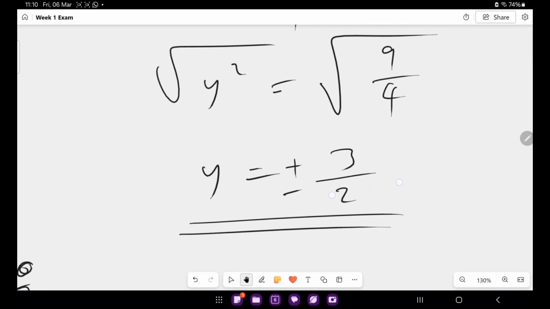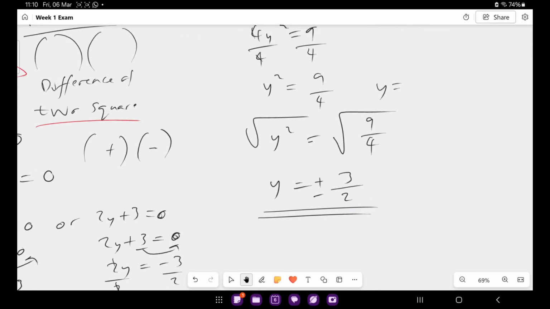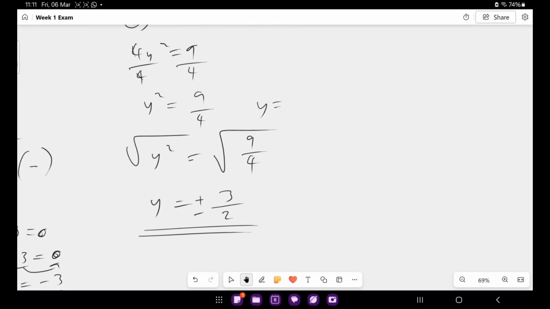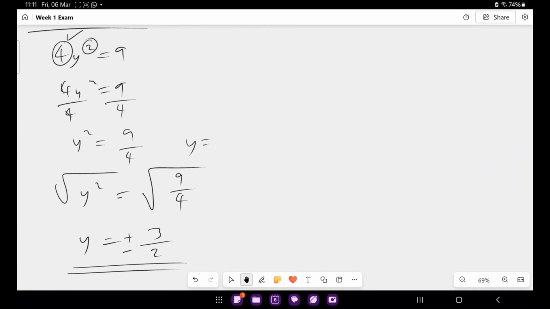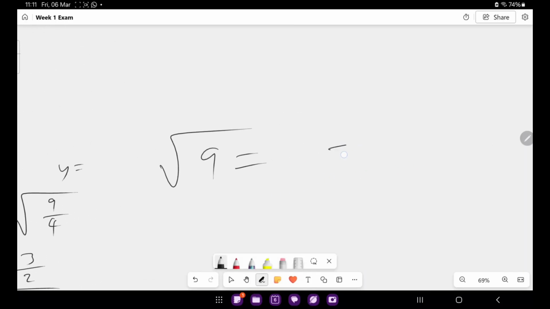To those who don't really understand why we used the positive and negative sign here, it's because whenever we apply a square root, we tend to get a certain value, which is plus or minus 3. Every time we get plus or minus 3.